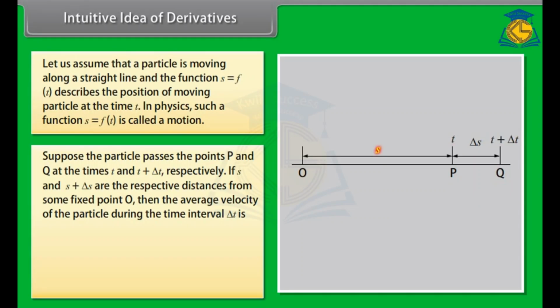If s and s + Δs are the respective distances from some fixed point O, then the average velocity of the particle during the time interval Δt is Δs/Δt = (f(t + Δt) − f(t))/Δt = distance travelled upon time elapsed.